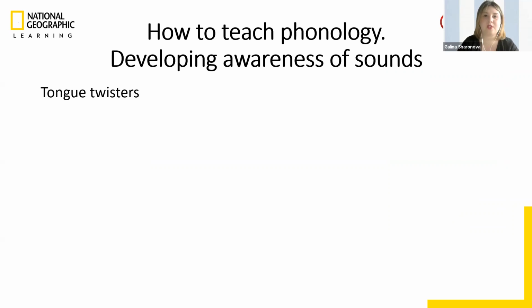We teach students how to articulate sounds in words, separate words. Then the next level, we teach them how to deal with sentences. And the key to success, how we can really say a tongue twister quickly, is to mind all the necessary pauses, mind intonation patterns, and then you will be able to pronounce them quickly and properly.